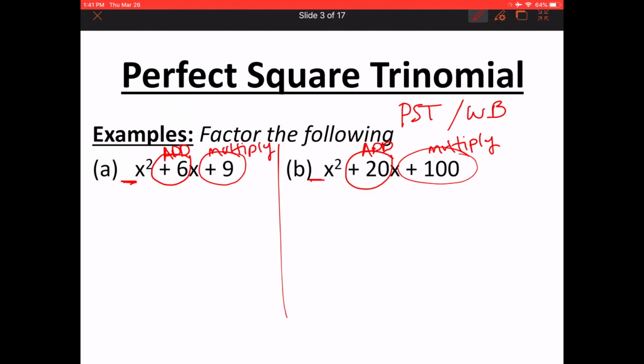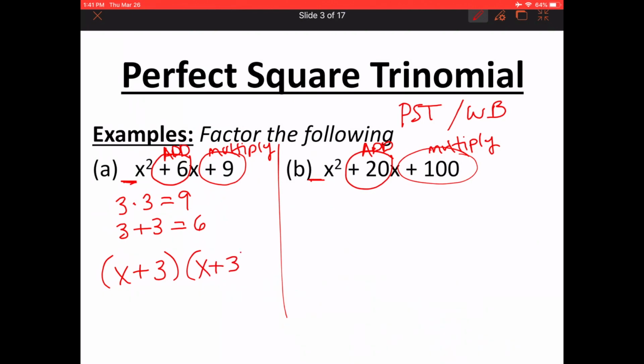Let's look at example A. I have x squared plus 6x plus 9. I want two numbers that add to 6 and multiply to 9. My two numbers would be 3 and 3, because 3 times 3 equals 9 and 3 plus 3 equals 6. So I write my factors as x plus 3, x plus 3. If you notice, the factors are identical.